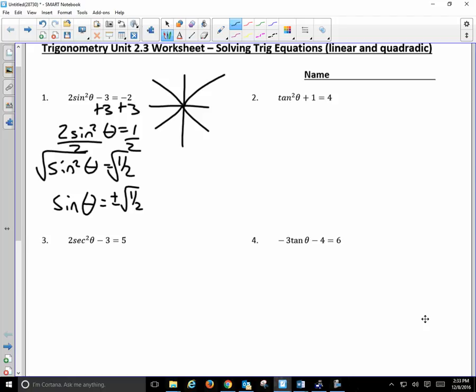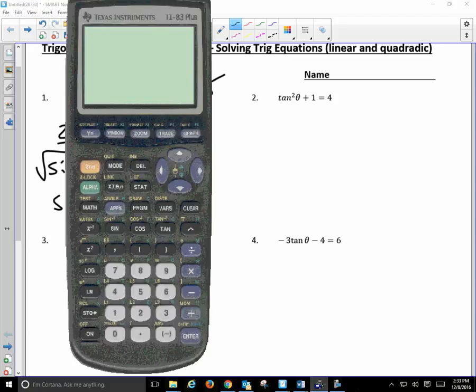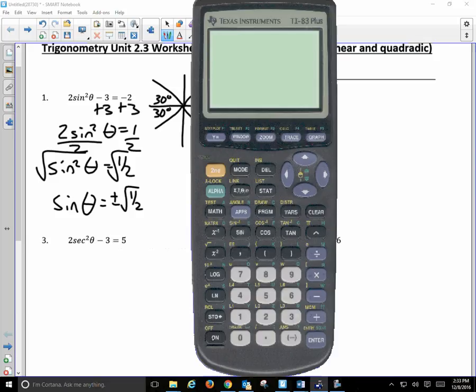So anyway, I inverse 1 to the square root of 1/2, and you should get 30 degrees. So once you get to here, sine of theta equals that, you just go to your calculator, and you press second sine of the square root of 1 divided by 2.